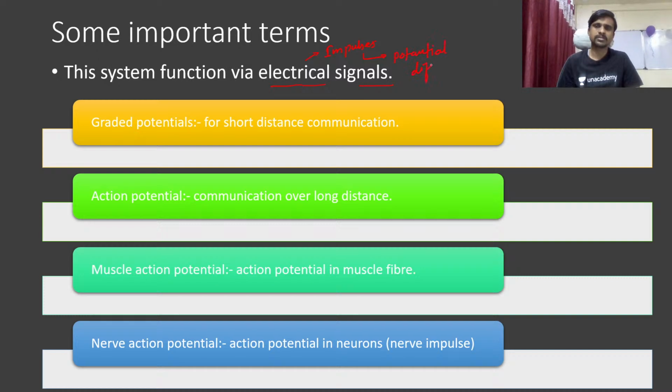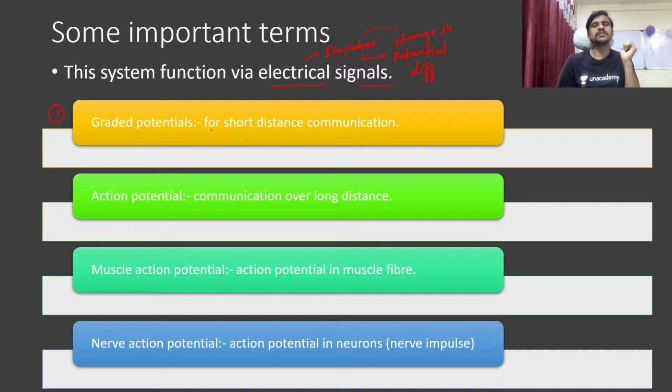Change in a potential difference results in the impulse, and these impulses are responsible for the conduction of a signal from one part of your body to another part of your body. Okay, so this is the graded potential, the first type of potential. So these are a few terms about the electric signal.